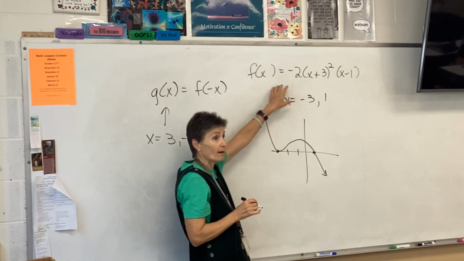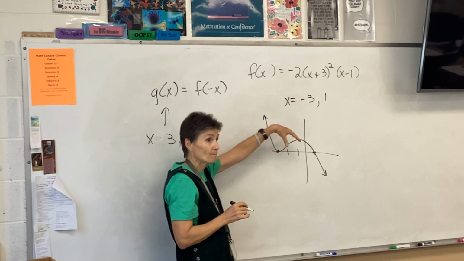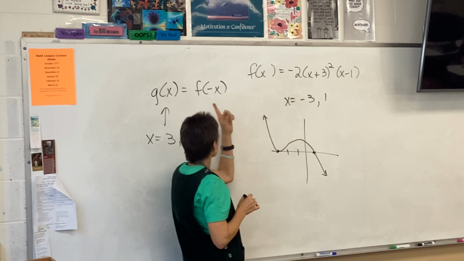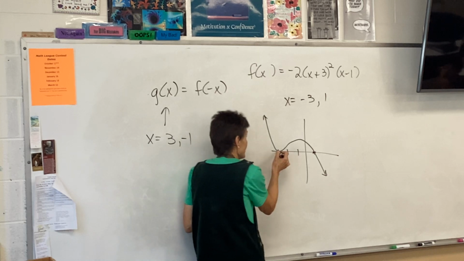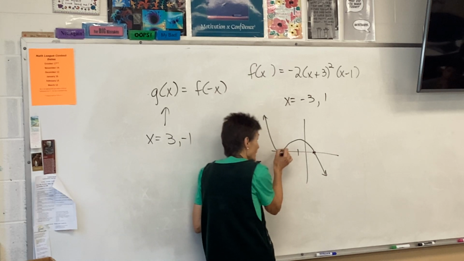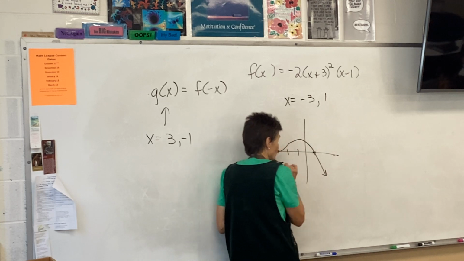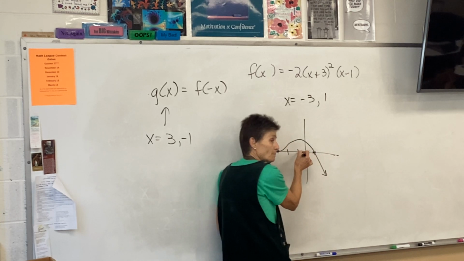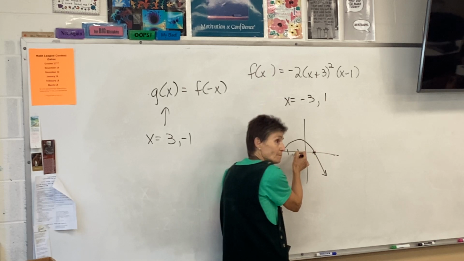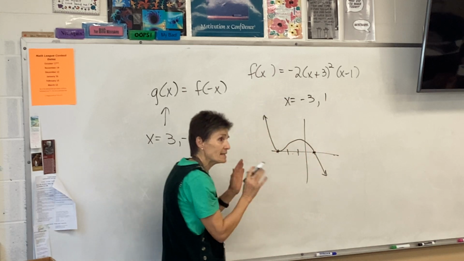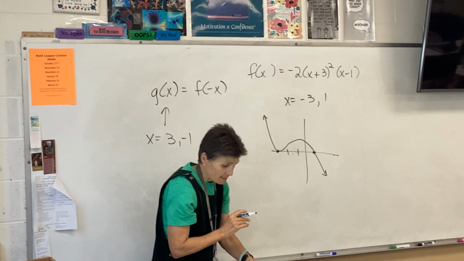That's f. Does that picture look okay to you? Now, what this transformation does is it takes this point and flips it over to here. So -3 becomes +3, and -1 becomes, excuse me, +1 becomes -1. Easy, easy.